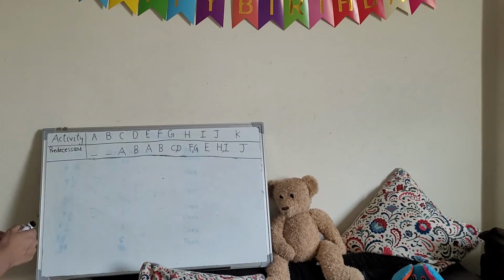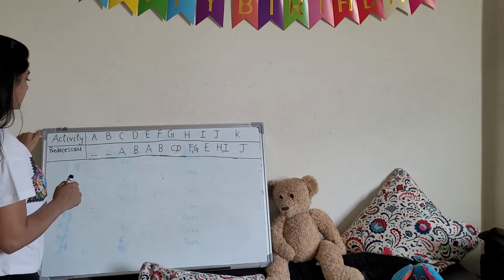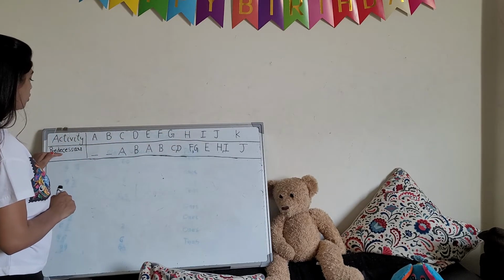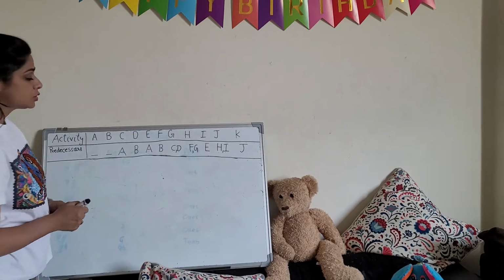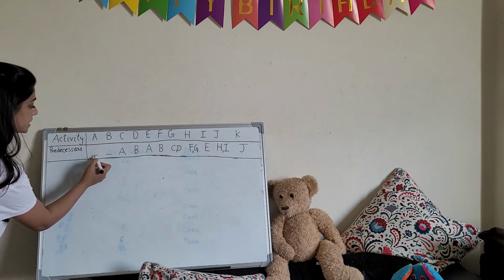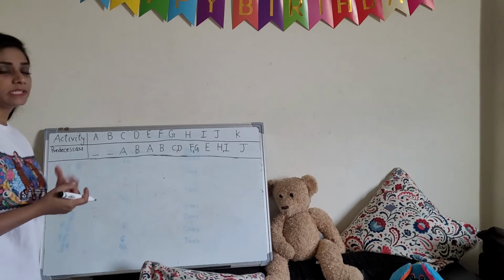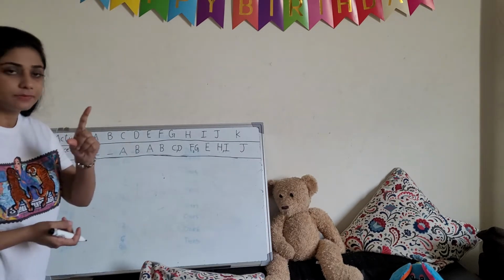So let's start. As we can see here, in first column all activities are given, and in second column all predecessors are given. So here there is no predecessor of activity A and activity B. So it means that activity A and B are the first activity.